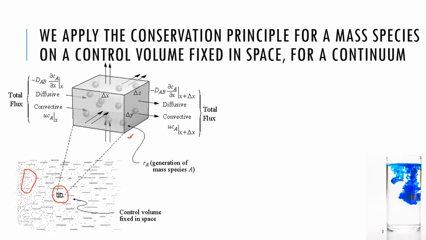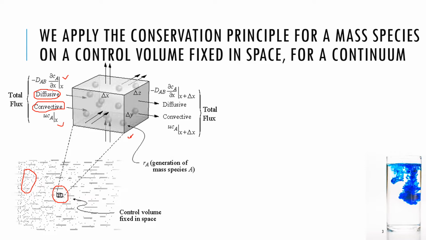We're going to write the mass balance on this control volume. Note that the dye can come into the control volume by diffusion, and that's the diffusive flux that we have derived earlier, or it can simply flow in, that would be the convection, and here is the convection flux.